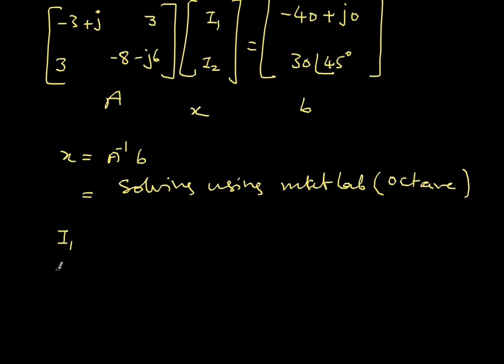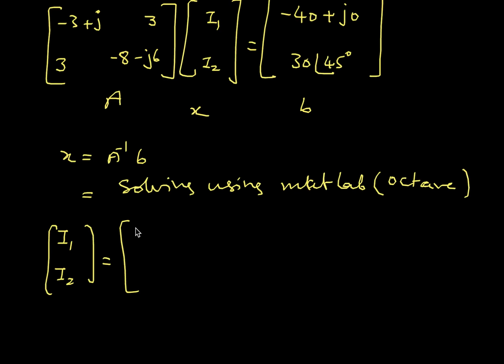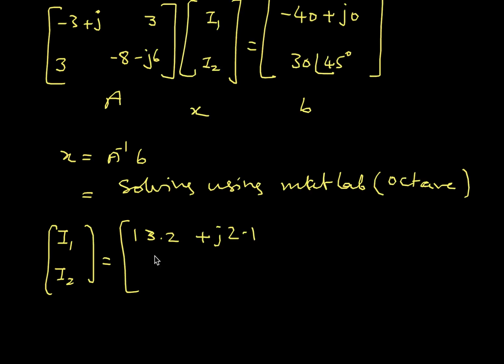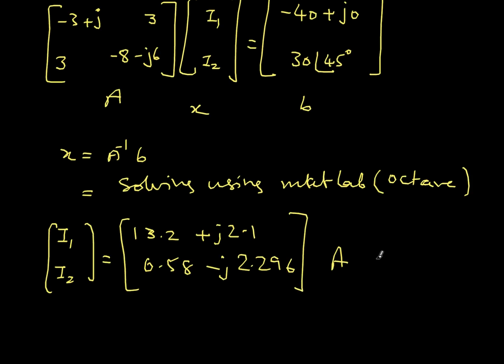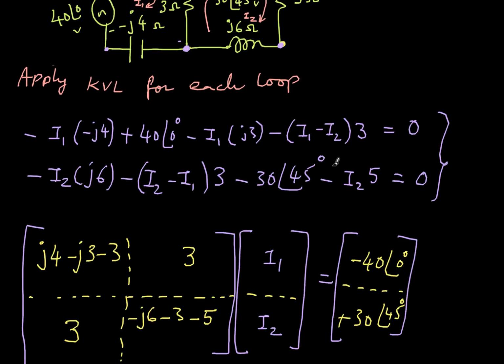So I have I1, I2 equal to 13.2 plus j2.1 and 0.58 minus j2.296 amperes. Now what we are interested in is the current in the 5 ohm resistance, which is nothing but I2.